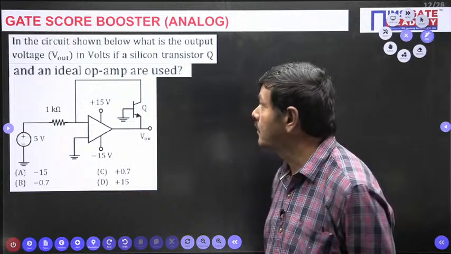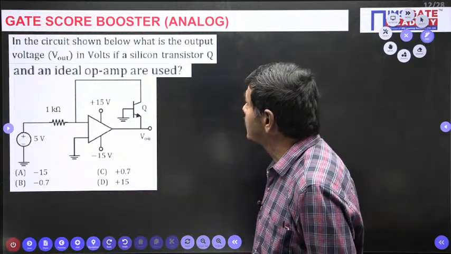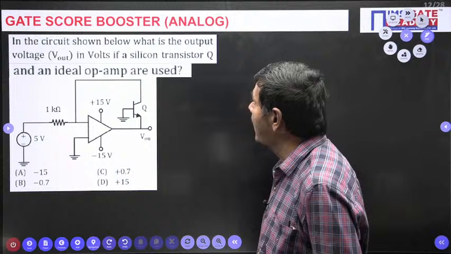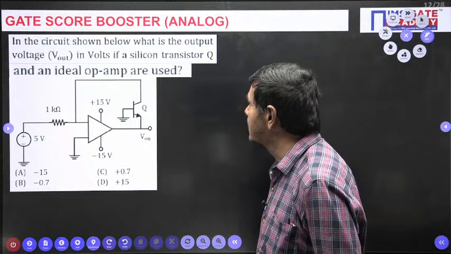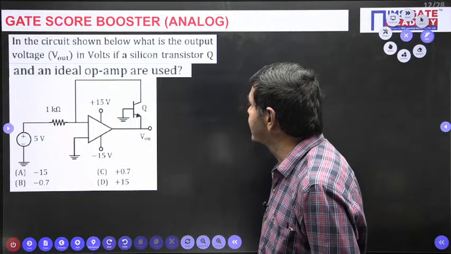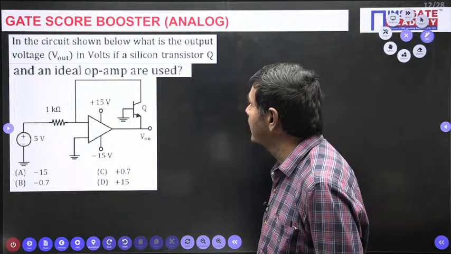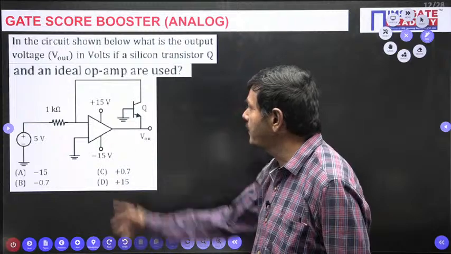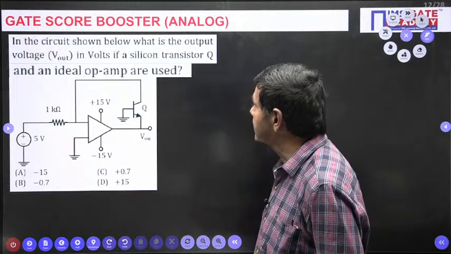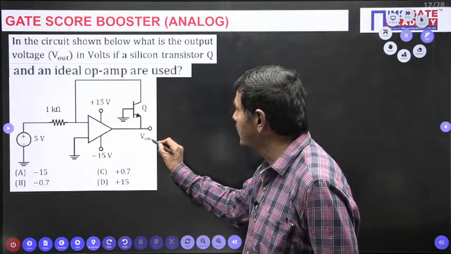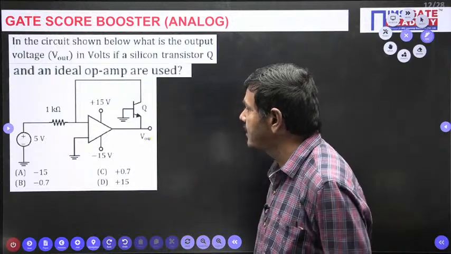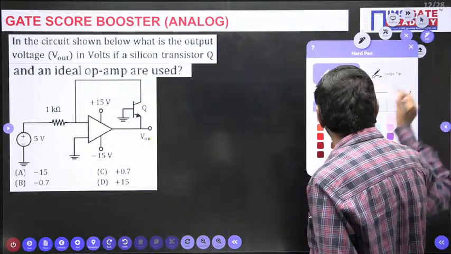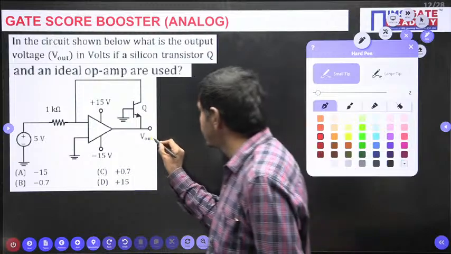Yes, it's a very simple question. In the circuit shown below, what is the output voltage in volts if a silicon transistor Q and an ideal op amp are used? This op amp is ideal. It is asking to find V out, the output voltage. V out is asked to find.